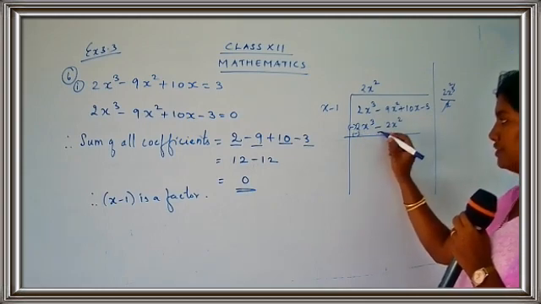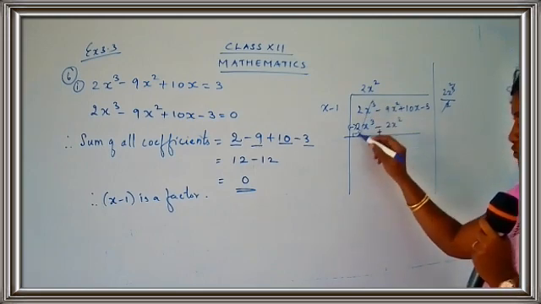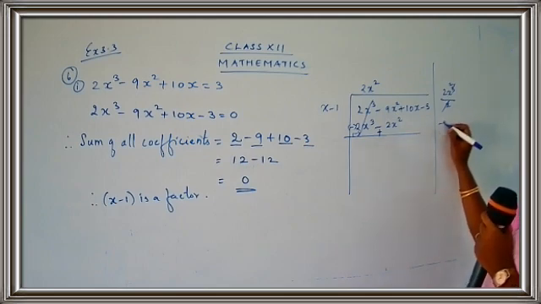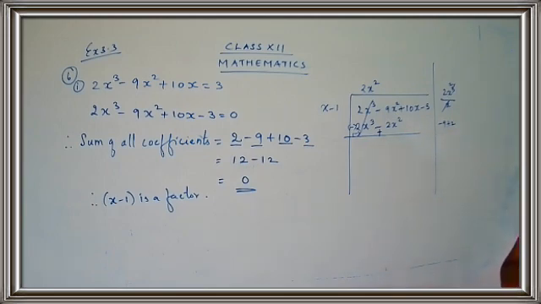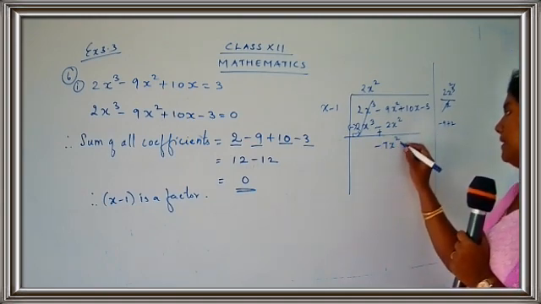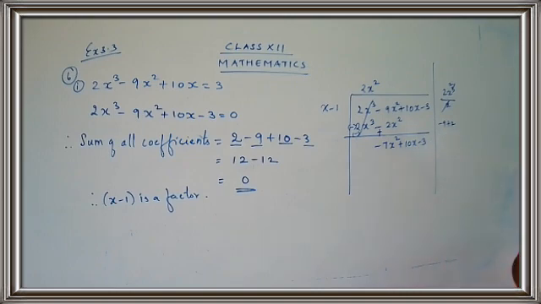The minus will change into plus. So 2x cube minus 2x cube gets cancelled. Minus 9 plus 2, what is the answer? It's minus 7. Minus 7x square plus 10x minus 3.